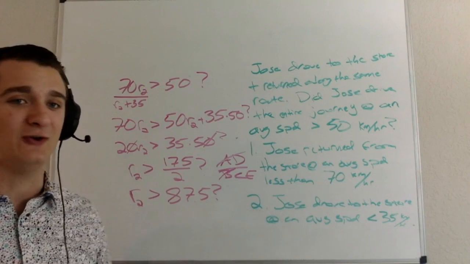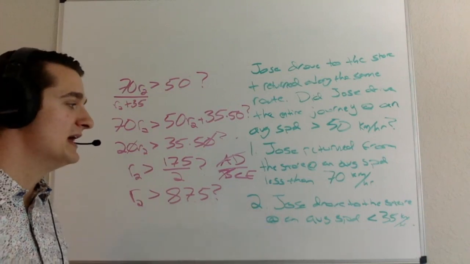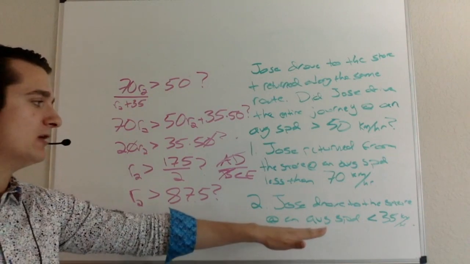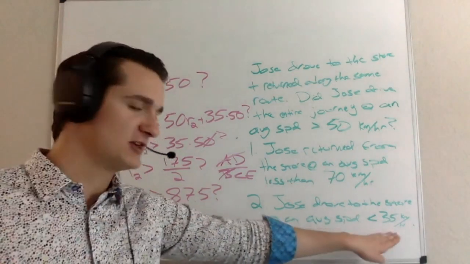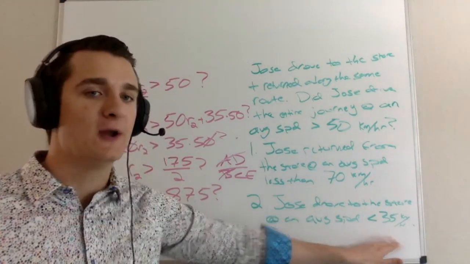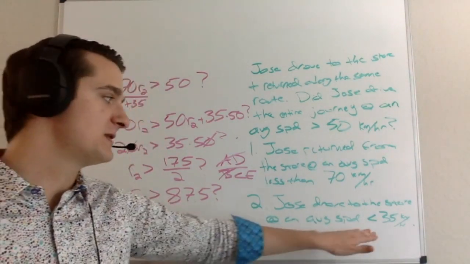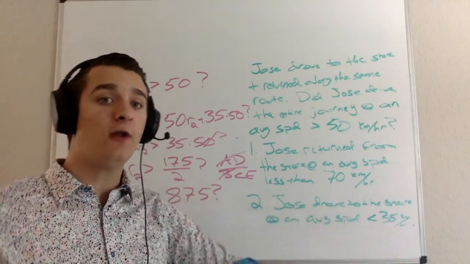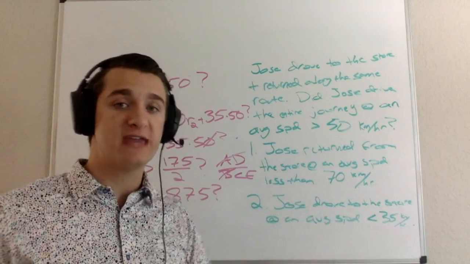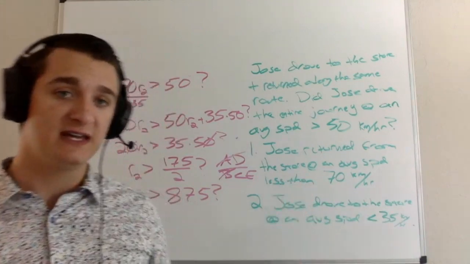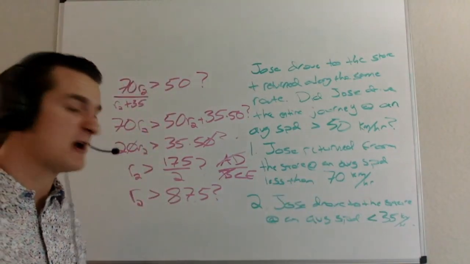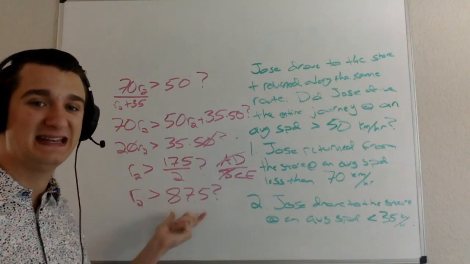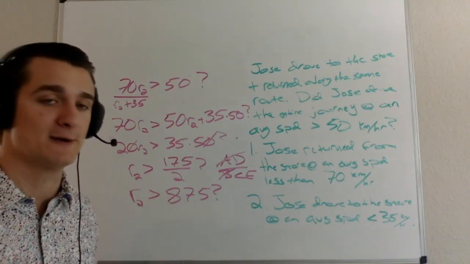Because what I found from statement 2 is that if the average speed on the way there was 35 kilometers per hour, then the average speed on the way home, in order for the average speed for the entire journey to be 50 kilometers per hour, must have been at least 87.5 kilometers per hour.